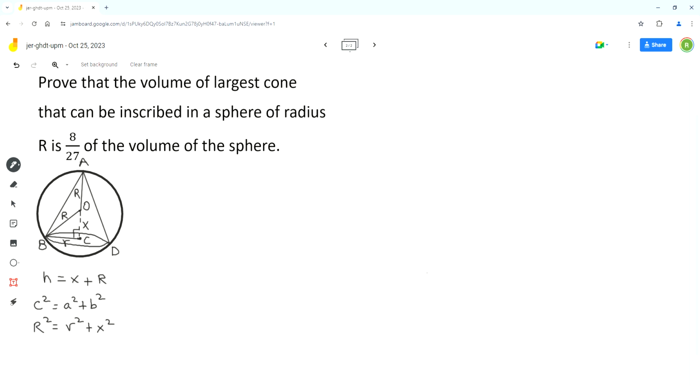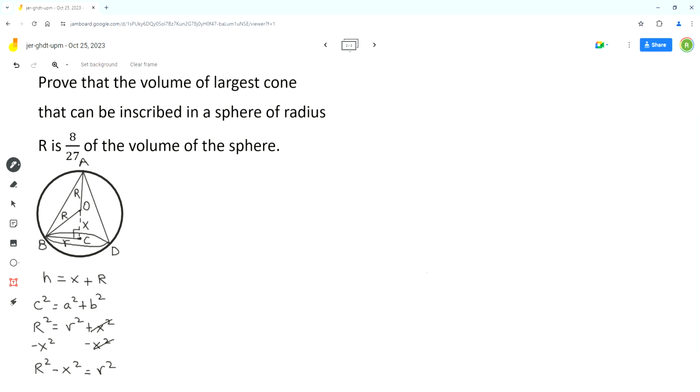We can isolate small r squared by subtracting x squared from both sides. So this is the expression for r squared.